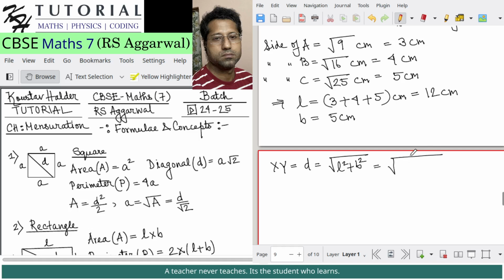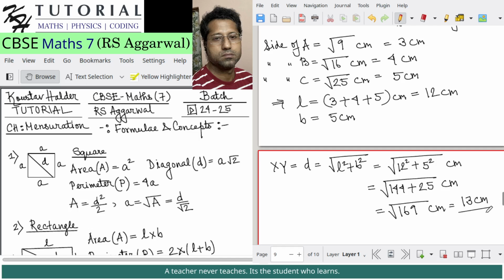L we have found to be 12. So 12 square plus 5 square centimeter, which is equal to the square root of 144 plus 25 centimeter. This is equal to the square root of 169 centimeter, and this is equal to 13 centimeter.